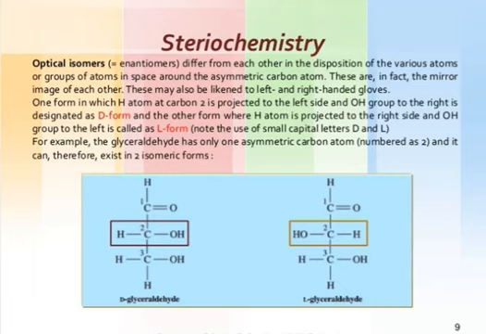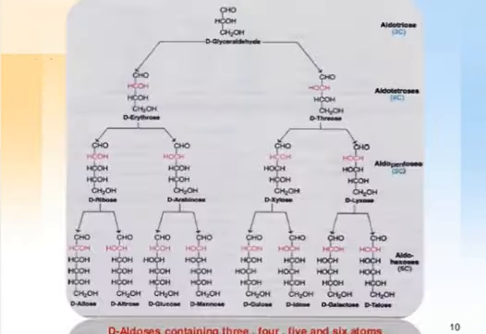It is called dextrorotatory. And in levorotatory, the hydroxyl group attached to the chiral atom is on the left side, and is called levorotatory. And these two are called isomers, having different structures but the same molecular formula. Then these are aldoses.